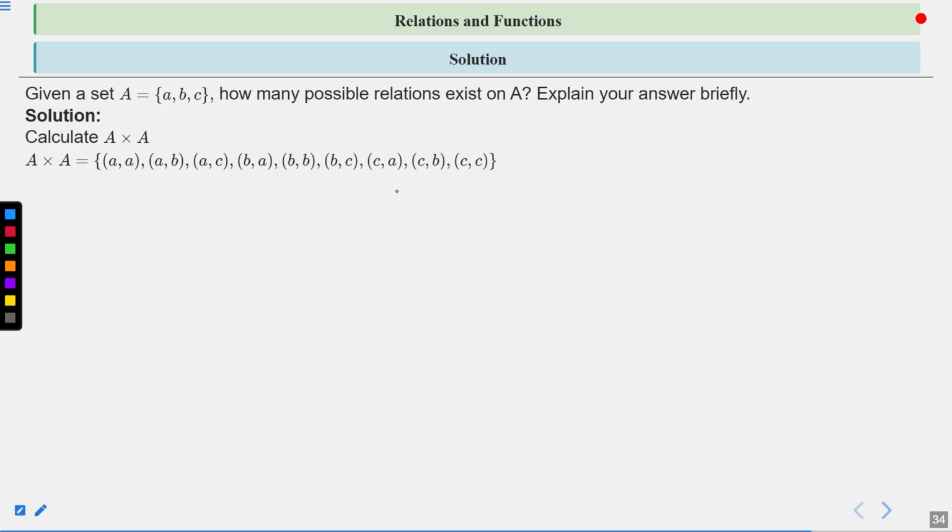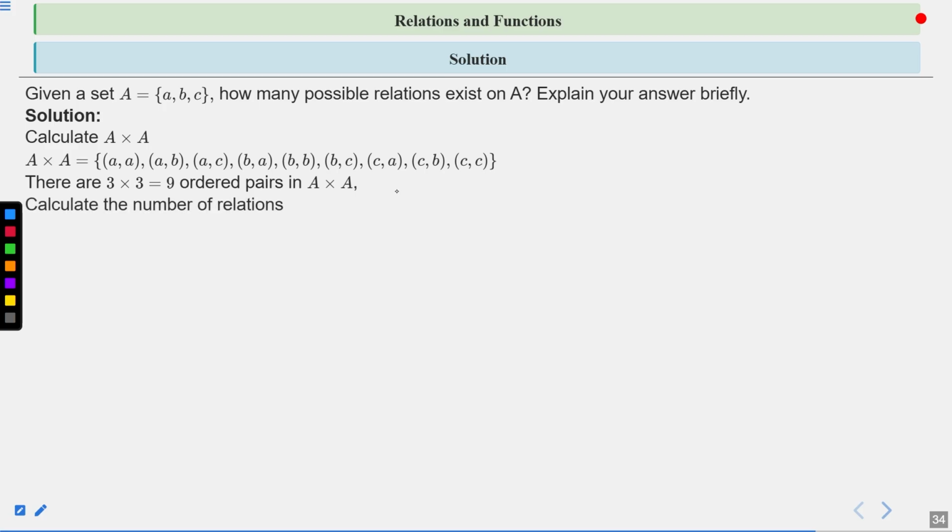We have 3 choices for the first position and 3 choices for the second. You can easily observe that we are getting the 9 pairs: 1, 2, 3, 4, 5, 6, 7, 8, 9. So 3 cross 3, a total of 9 ordered pairs in the A cross A Cartesian product.